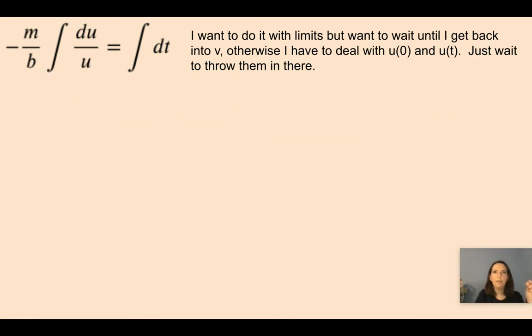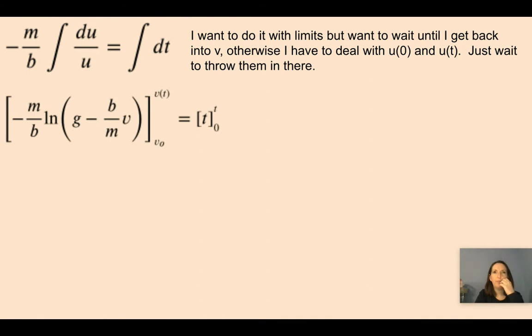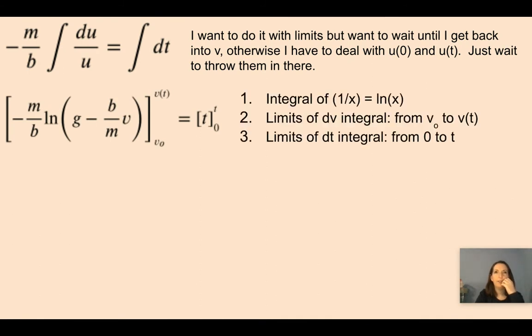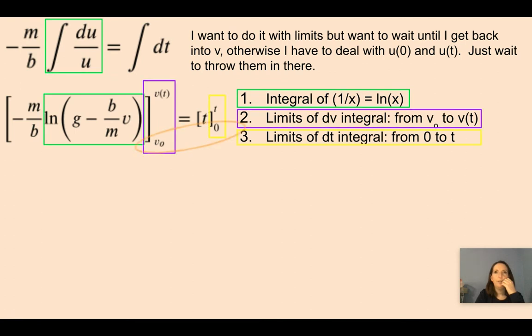And if you want to look at it sort of cleaner again without the stuff, there they were. But I want to really make sure that you understand how these limits work. That initial limit that was at time equals 0, the v was v naught. It's very important that those match up.